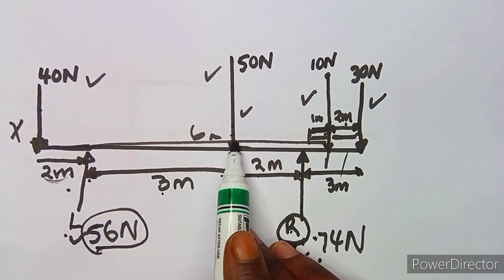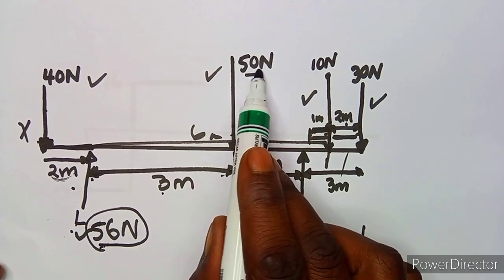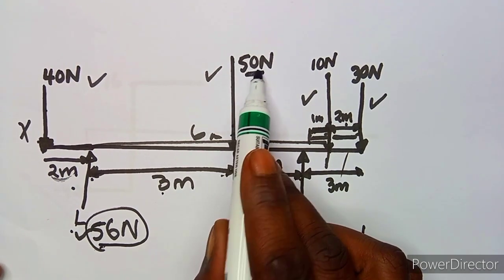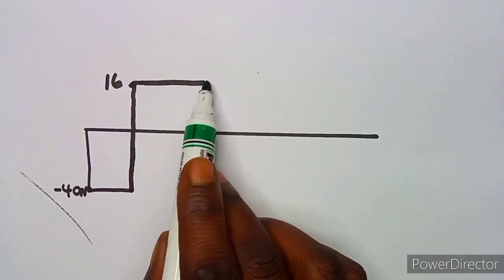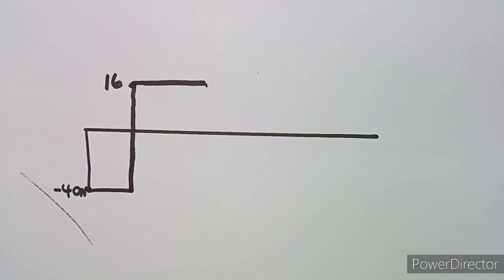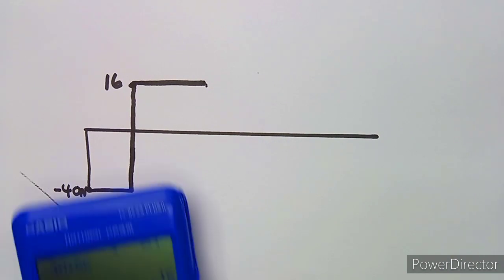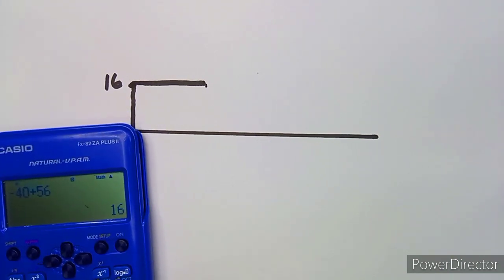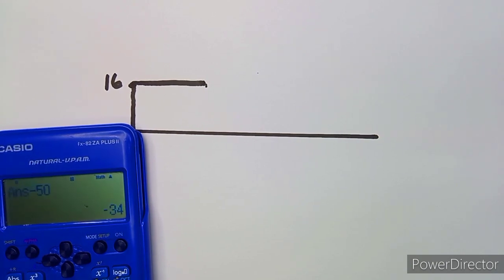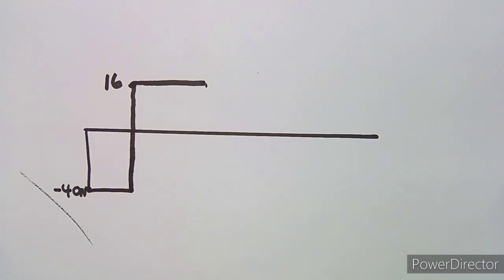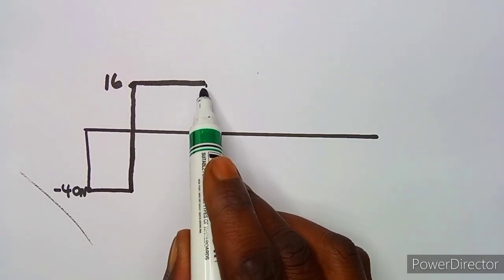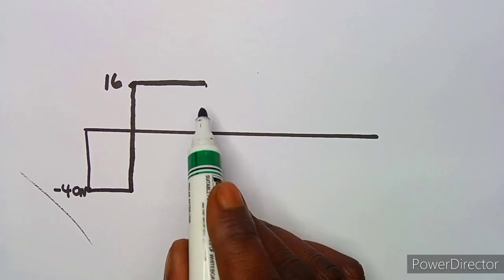Then you move downwards 50 newtons, because it's facing downwards. From this 16 you're going to subtract 50, because it's moving downwards, which is going to give us minus 34.